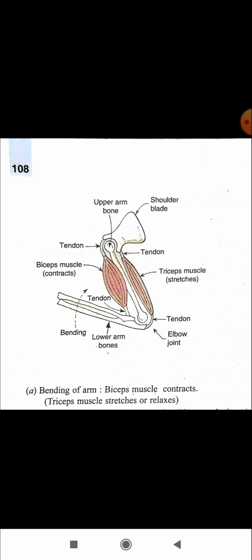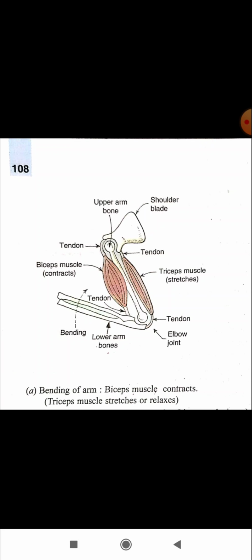The upper arm bone has a pair of muscles. Can you see? This upper arm bone has a pair of muscles, that is the biceps muscle and triceps muscle. Can you see this red color? Yes.